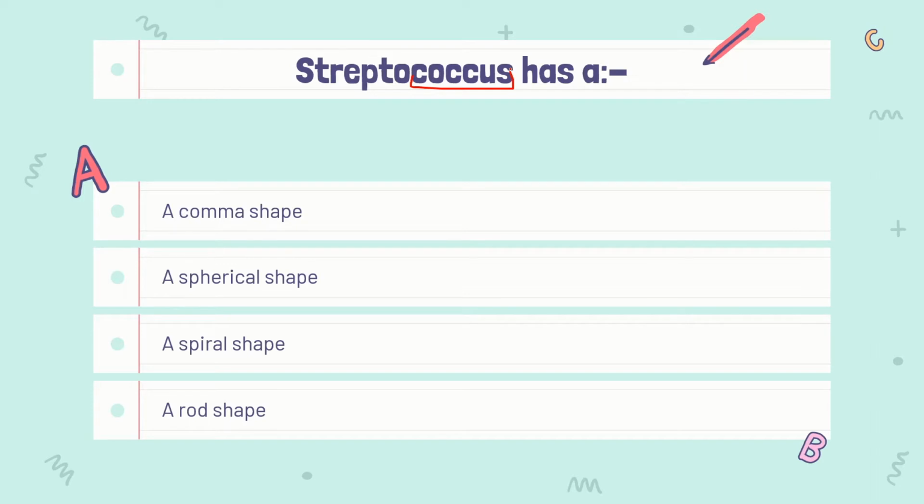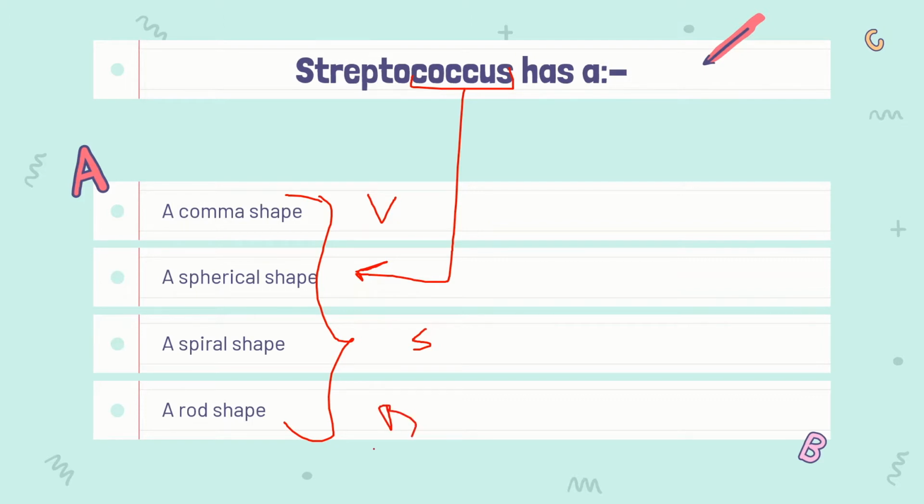So these all are the names of types of bacteria. A comma shaped bacteria is called Vibrio, a spherical shaped one is called coccus, a spiral shaped bacteria is called Spirilla, as the name suggests, and the rod shaped bacteria is called Bacillus. So this is the picture of coccus, a spherical shaped bacteria.